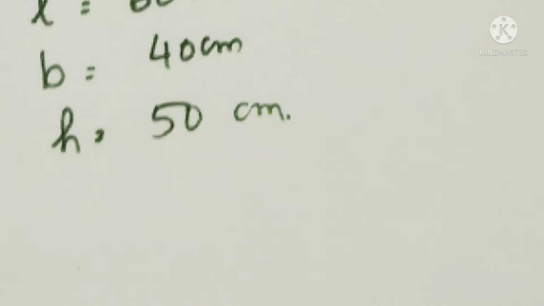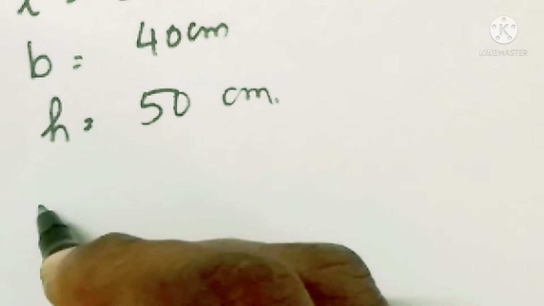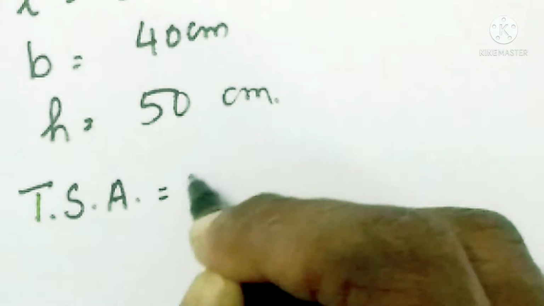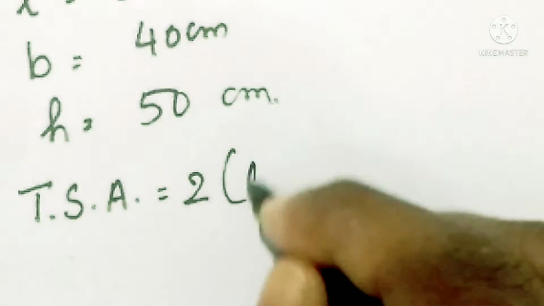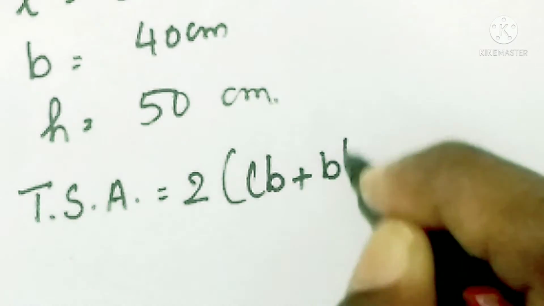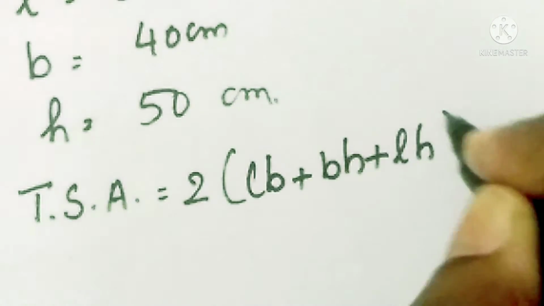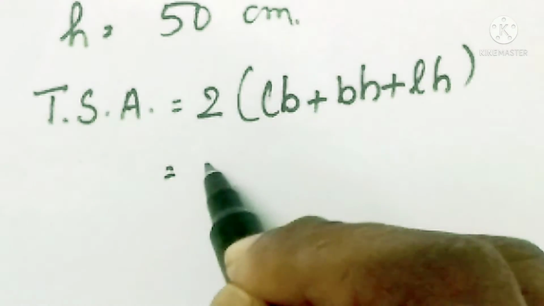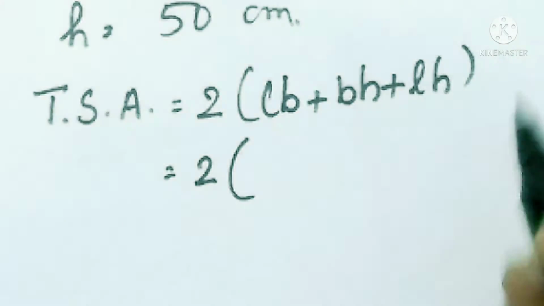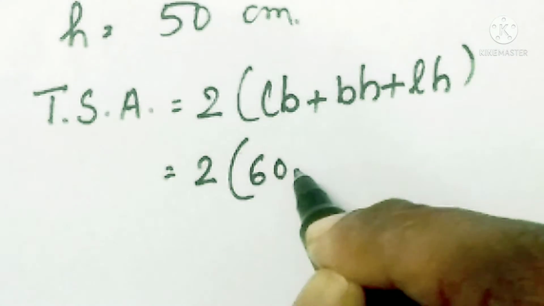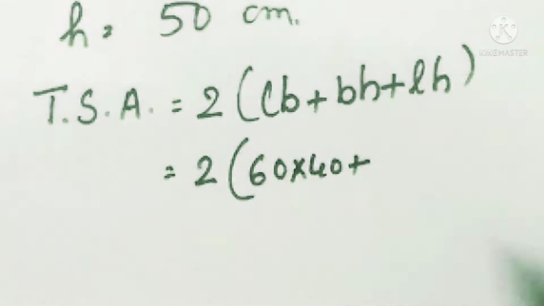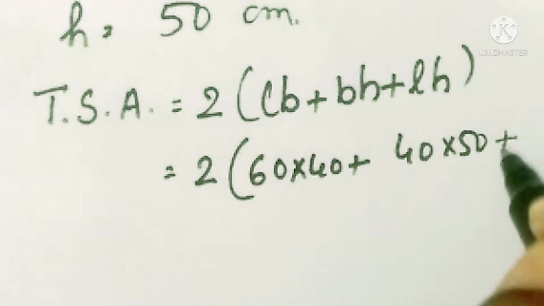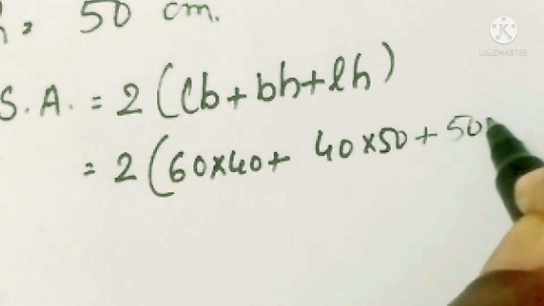Now to find the total surface area, first of all we need to write the formula. TSA, total surface area, is equal to 2 into (LB plus BH plus LH). Now substitute the values. What is LB? 2 into, LB means 60 into 40, plus 40 into 50, plus 50 into 60.